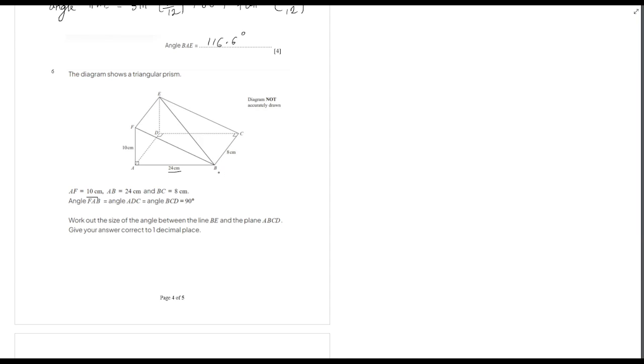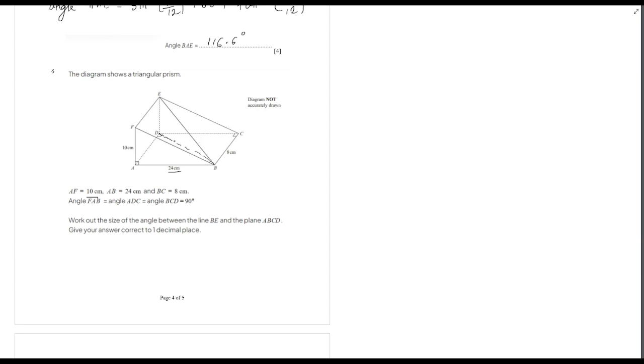So I have to work out the angle which BE is making with the plane ABCD. Whenever I have to find an angle with the plane, always understand that in the plane I will draw this DB. This is a three-dimensional figure, you can understand this in your classroom.